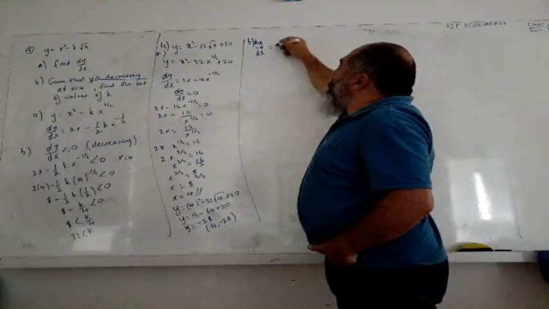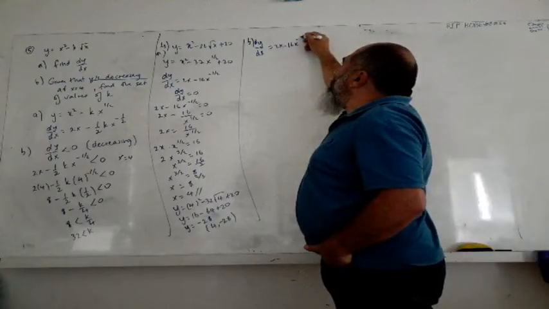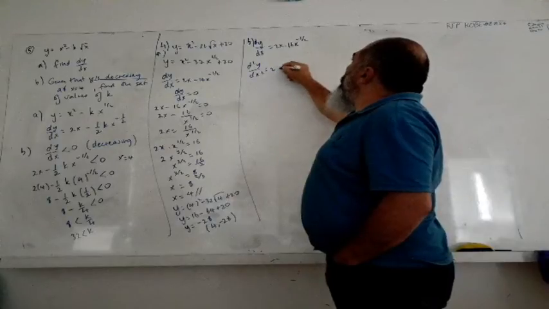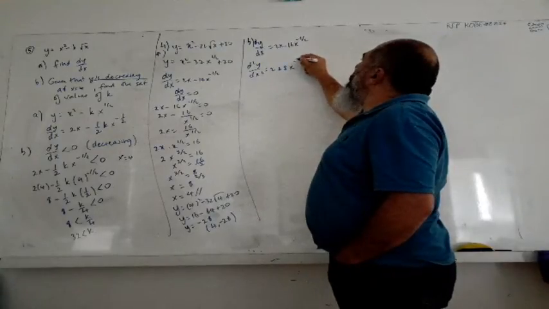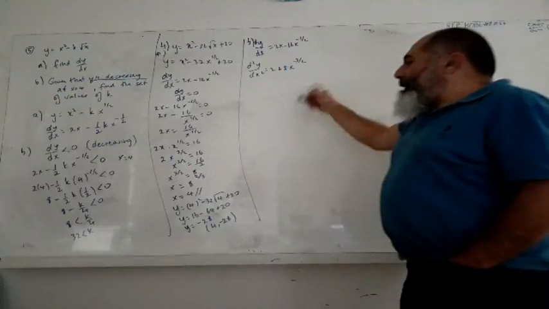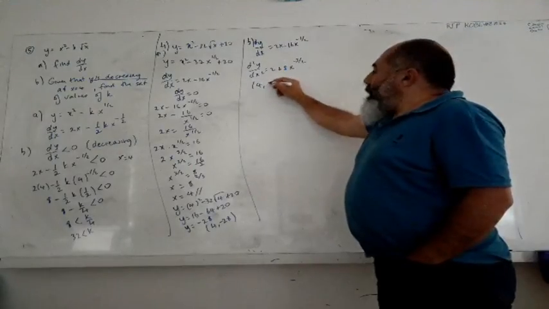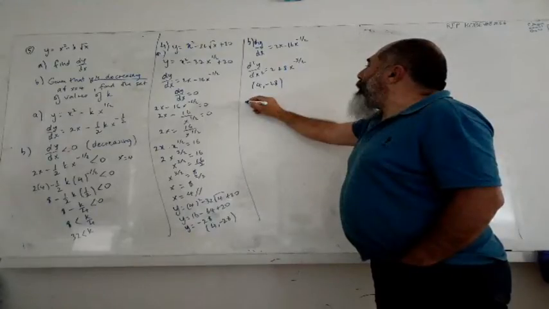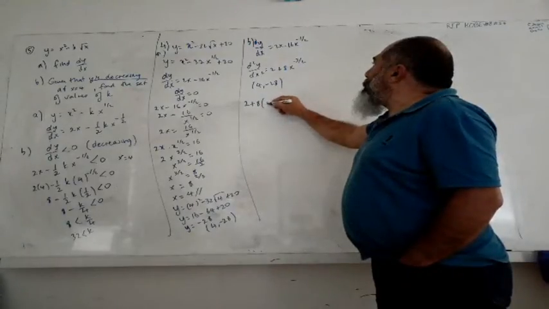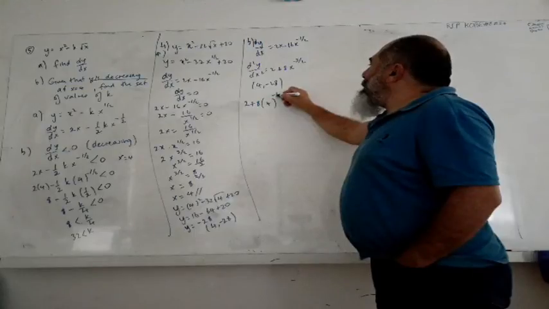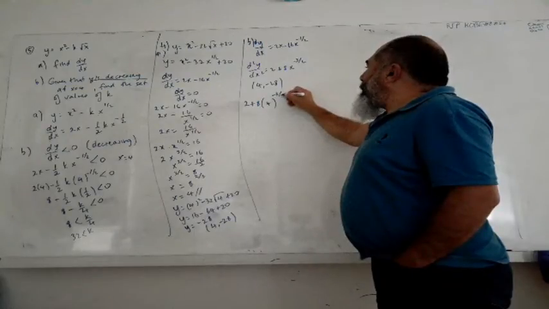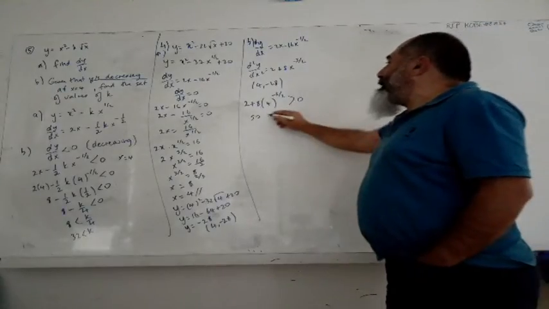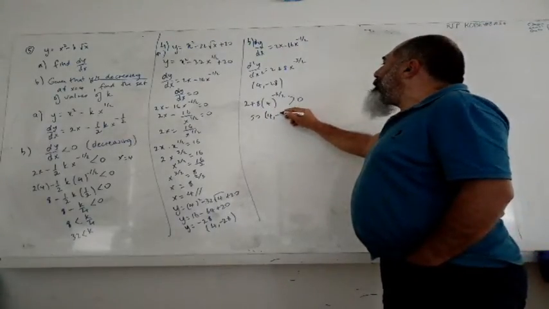The second derivative is going to be 2 plus 8x to the power of minus 3 over 2. Substitute the x value here, so x is equal to 4. 2 plus 8 times 4 to the power of minus 3 over 2 is a positive number. So if the second derivative is positive, (4, minus 28) is a minimum point.